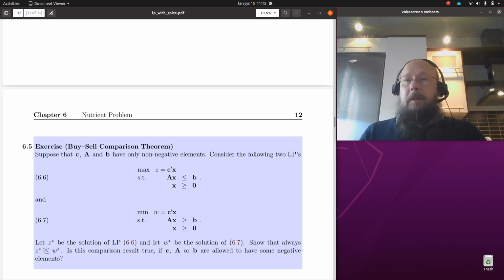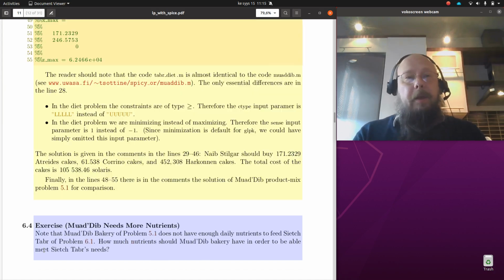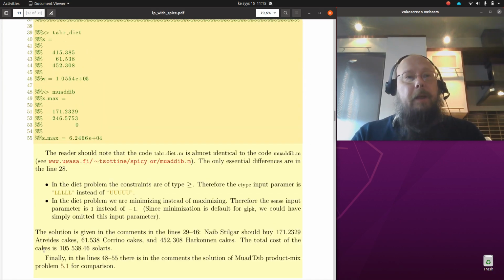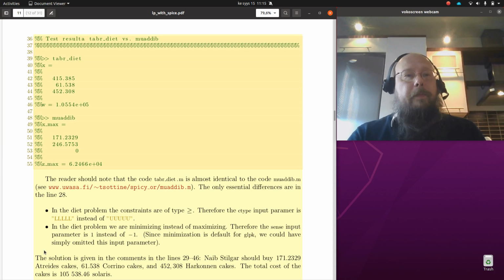So the seller's optimal solution is not as much as the buyer's optimal solution. You can see as an example here. So the seller is 6 point something times 10 to the power 4, and here we have 1 something times 10 to the power 5.